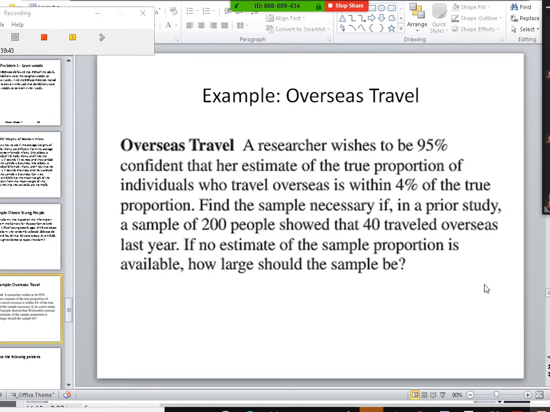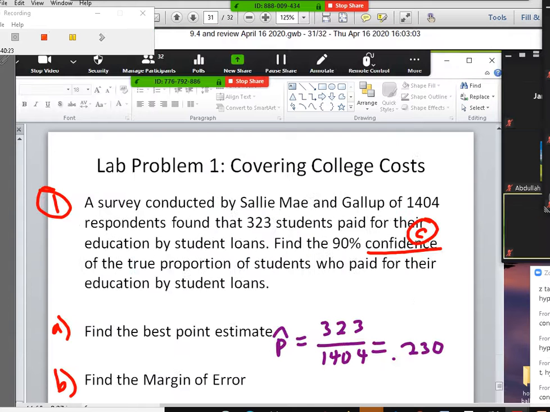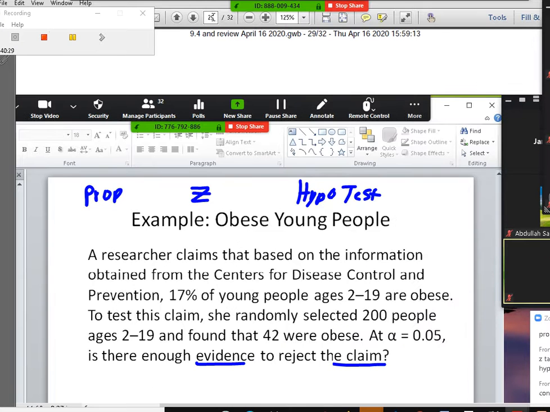And is there anything special about this one? Anything special about this one?